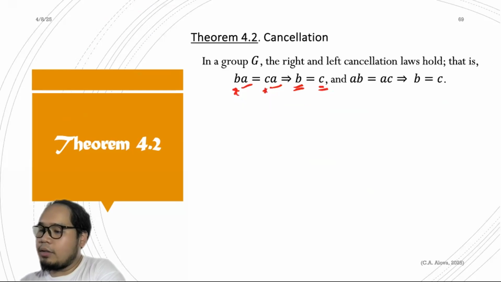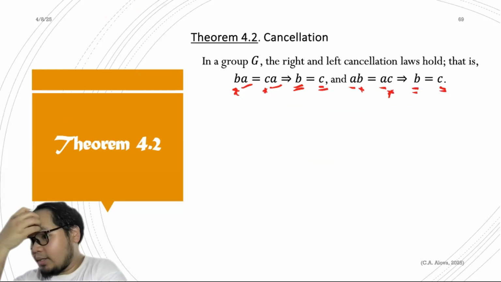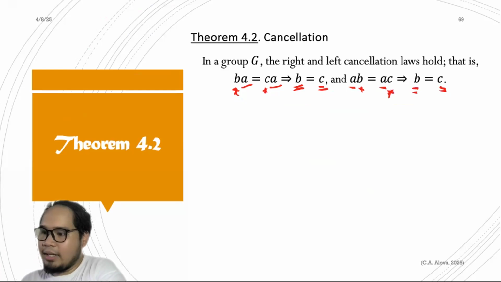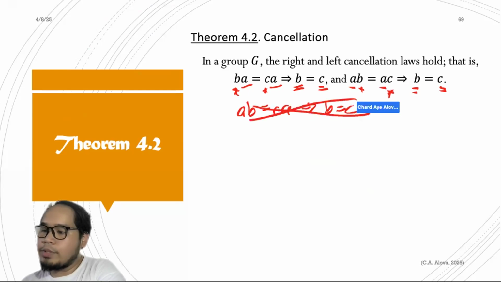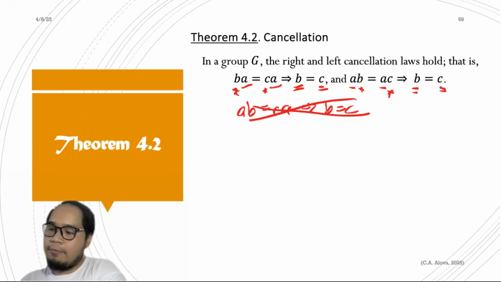Similarly, on this part here, both are on the left side, so that we can cancel, and what is left is on the right side. Okay, in this theorem, we cannot do something like AB equals CA and then deduce that B equals C like in algebra. So this does not work in groups. The element that we want to cancel should be on the same side in both.